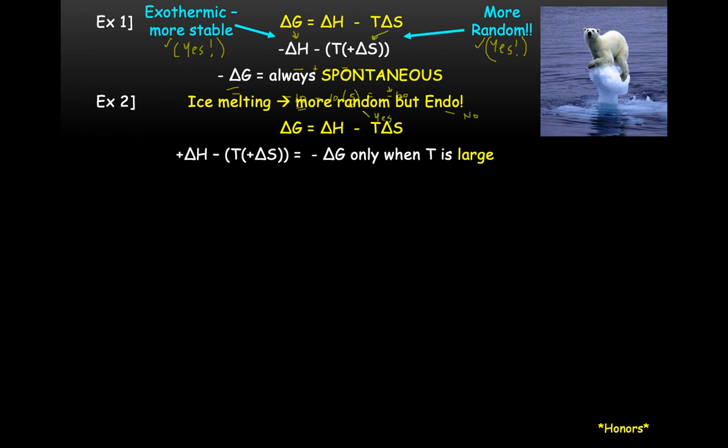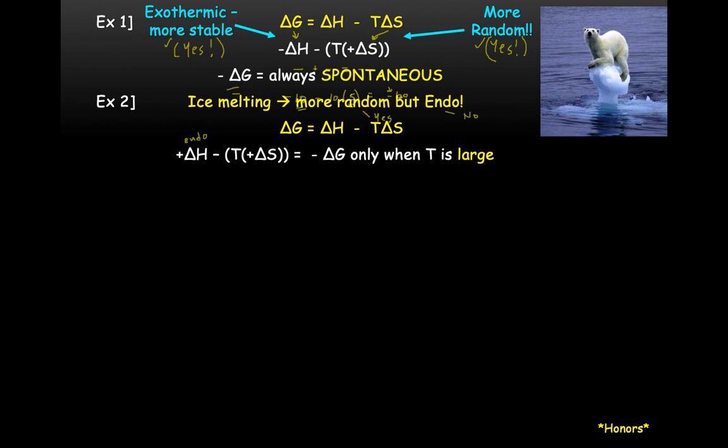Let's put a little bit of information into that. An endothermic reaction has a positive delta H, and an increase in entropy is a positive delta S. So we have a positive delta H, endothermic, and a positive delta S. Now, you've got to think about this.